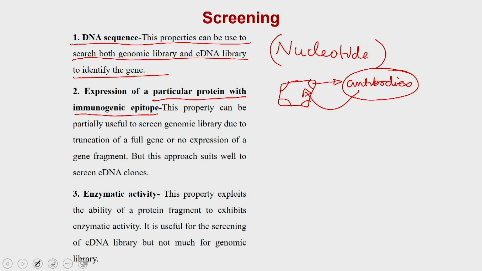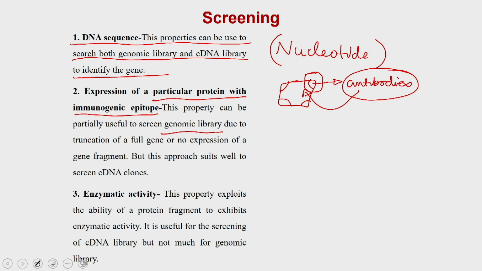These antibodies may not react with other proteins, because they are very specific for this particular epitope. So, this property can also be used to screen the genomic library or the cDNA library.